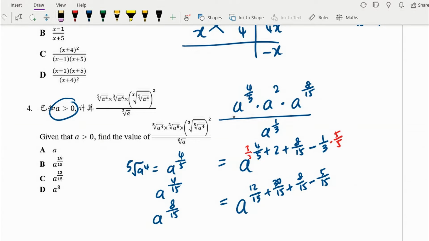Okay, so you can actually press your calculator, and the answer should be 3.